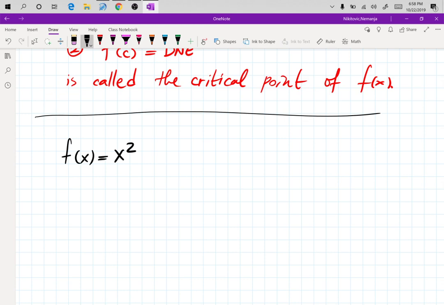Well, we already know the answer, right? We are looking for a critical point and we're going to get the minimum at 0, right? But we already know the answer, but let's compute it. Take the derivative, set it equal to 0, and solve the equation.